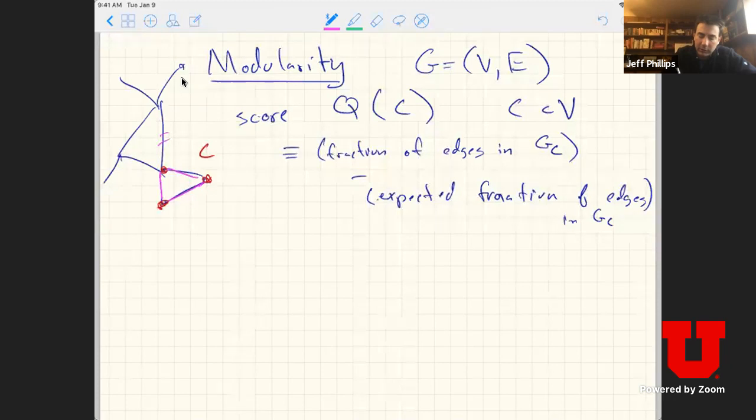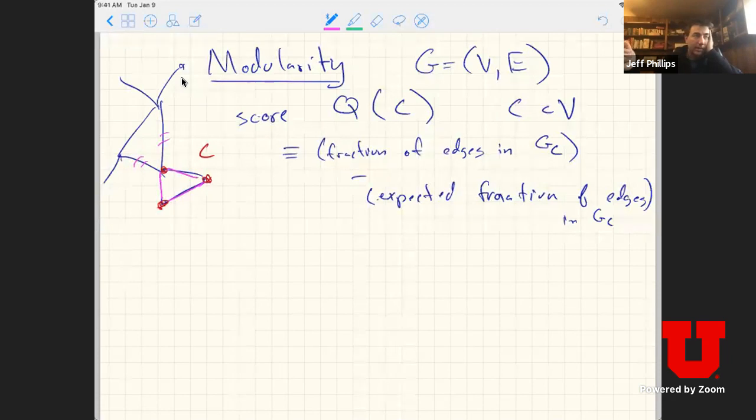It's not going to include these edges, even though they have one vertex in C. These don't count as being inside the group. This is a little bit different than the notion used for clusters in spectral clustering. So I want to somewhat measure the fraction that are in there versus the expected fraction.